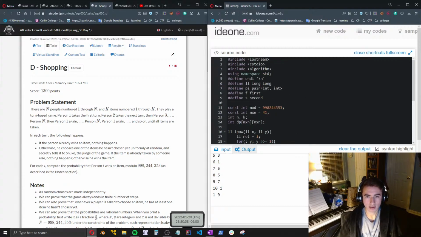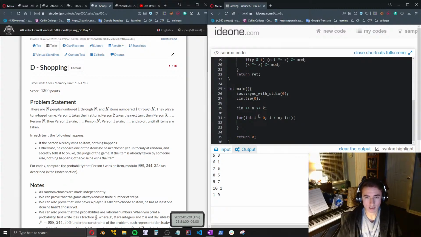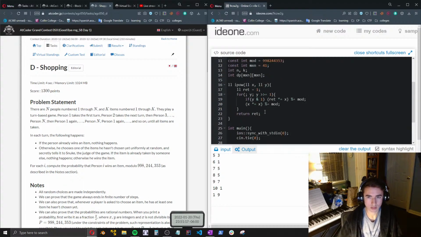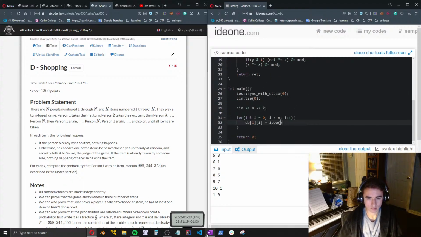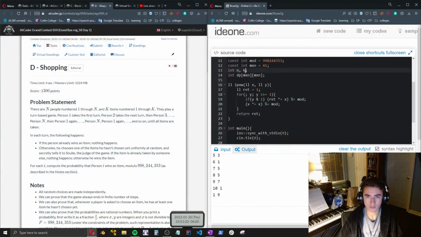We'll say k is the number of how many items are left, with 1 and x equal to I. We should just get the inverse of k out.